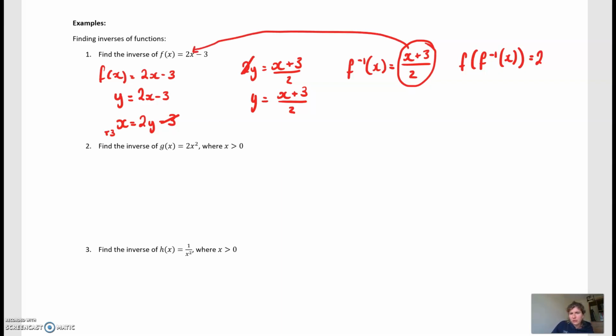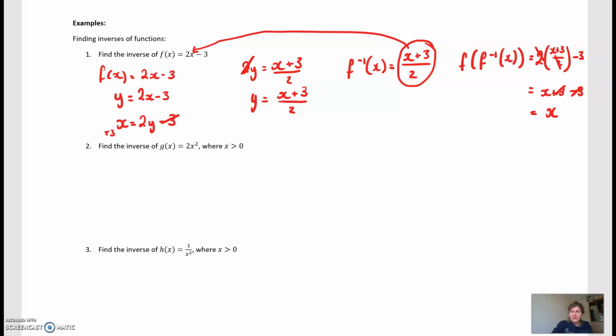So we've got two lots of (x plus 3) on 2, minus 3. Now that times by 2 and the divide by 2 can cancel out. So we're left with x plus 3 minus 3, the plus 3 and the minus 3 cancel, so we're left with x. And that's that reflection line, that's y equals x. So when you put them together, that's always what you end up with.